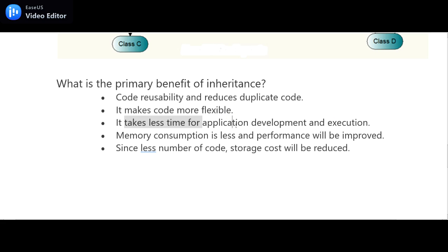We write it one time, and now we can extend it in n number of child classes. Obviously memory consumption is less and performance is improved. Since we have less time for development and execution and less code, memory consumption will be less and performance will improve. The amount of code is reduced, so automatically the storage cost is reduced.